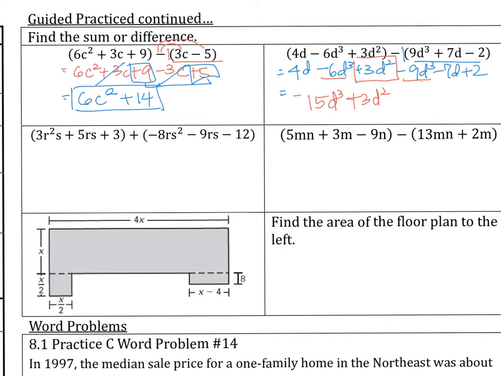And for d, I see that I have a minus 7d, which I can add together. So 4 minus 7 is -3d, and the constant positive 2 stands alone. So in this case, this would be my simplified solution.